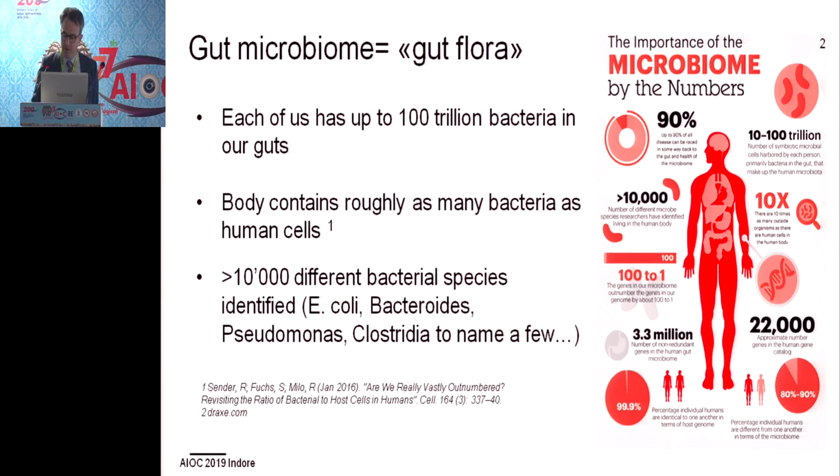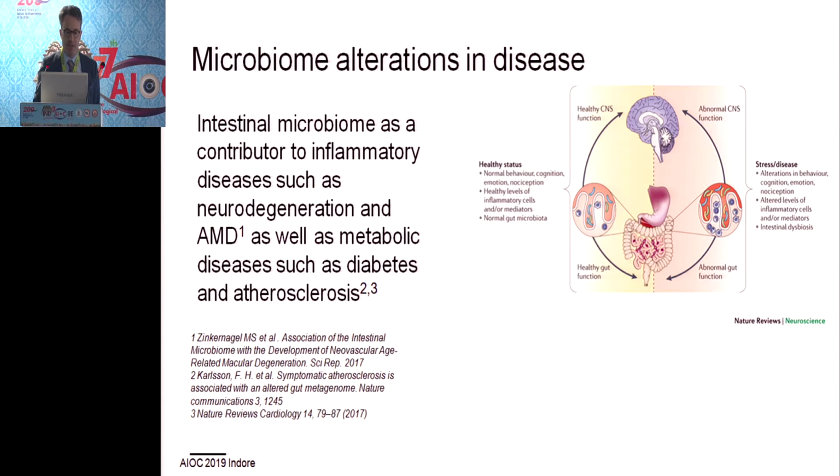So what are these bacteria actually doing? They're digesting our food, and they have been implicated in playing a role in several diseases, such as inflammatory diseases, such as neurodegeneration or AMD, but also in metabolic diseases, such as atherosclerosis and diabetes.